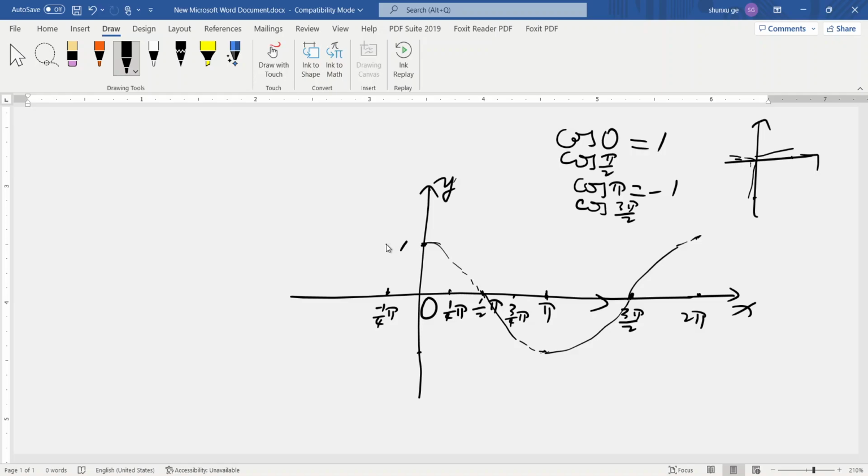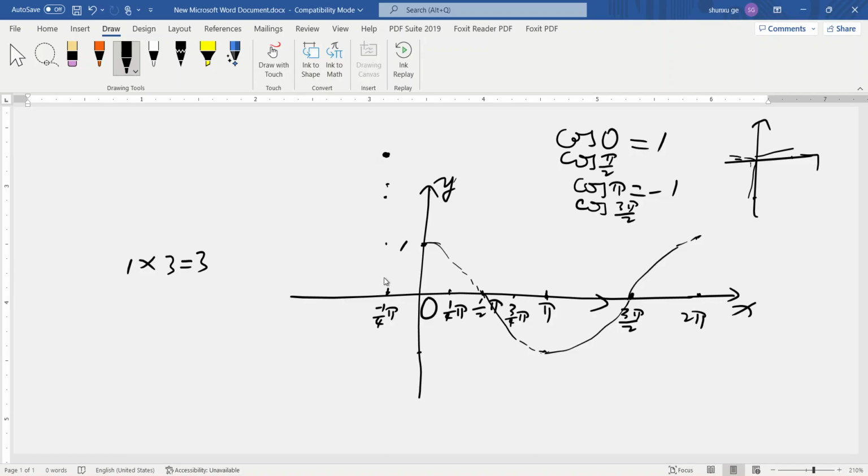So here 1 times 3 is 3. 1, 2, 3. Start point here.